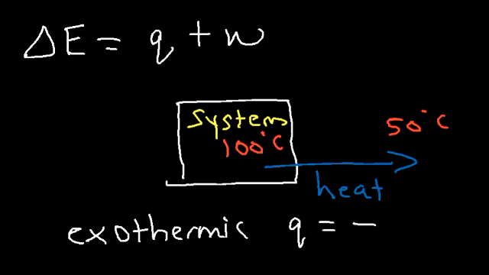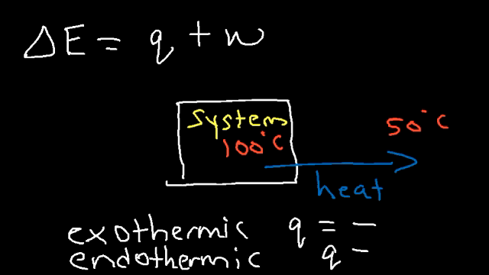Now, if heat energy flows into the system, where the system absorbs heat energy, it's said to be endothermic. For an endothermic process, Q is positive. So Q is usually measured in joules. It can be calories, but it's some unit of energy. In chemistry, energy is usually in joules.